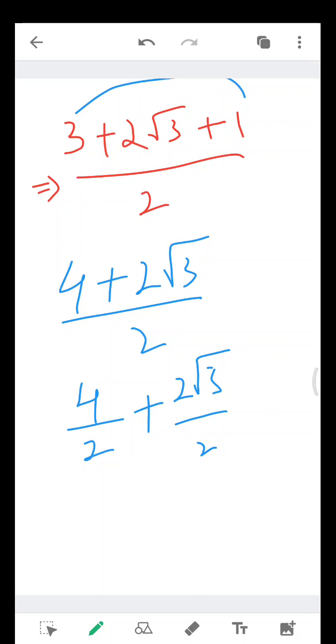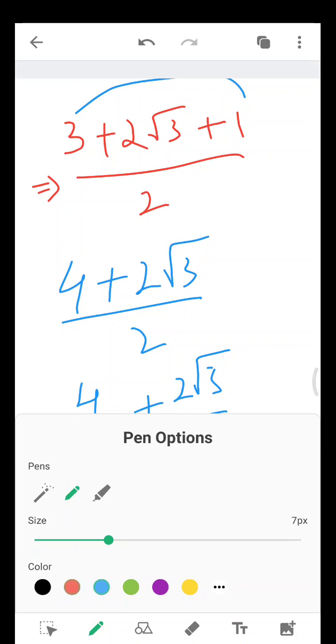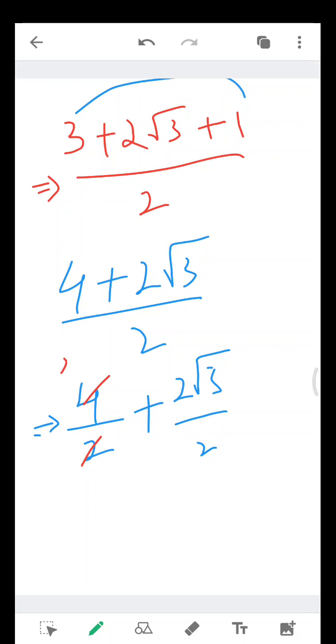If you add it again, the LCM is 2 and 4 plus 2 root 3, you get the same thing. So I can further simplify it. This becomes 2, and the 2 and 2 get cancelled, plus root 3.